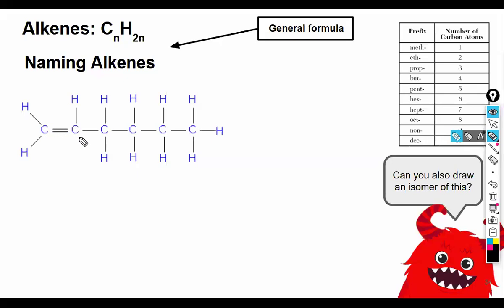So it has 1, 2, 3, 4, 5, 6 carbons. We could all agree that this is hexene. More specifically, because the double bond comes off the first carbon, it's 1-hexene or hex-1-ene. We're all in agreement that the name of this alkene that I gave you is hexene.